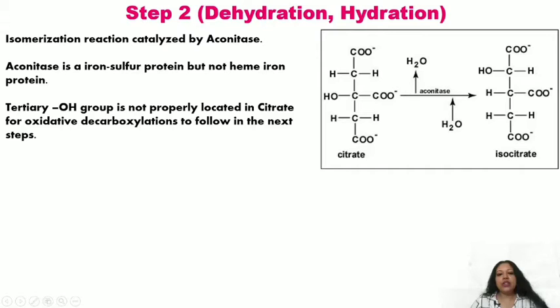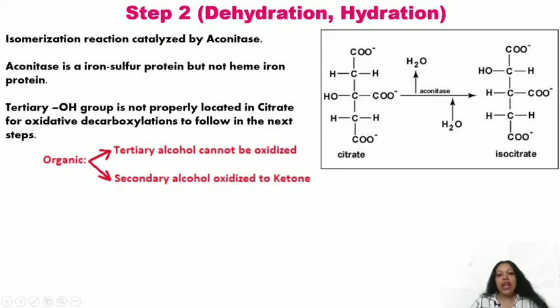This tertiary hydroxyl group is not properly located in the citrate molecule, which is why it does not support the further oxidative decarboxylation which is going to happen in the next step. And in organic chemistry, it is a well-known fact that tertiary alcohols cannot be oxidized while secondary alcohols can be readily oxidized to ketone. Okay. So that's why it is very important to remove hydroxyl group from here and place it at the second position.